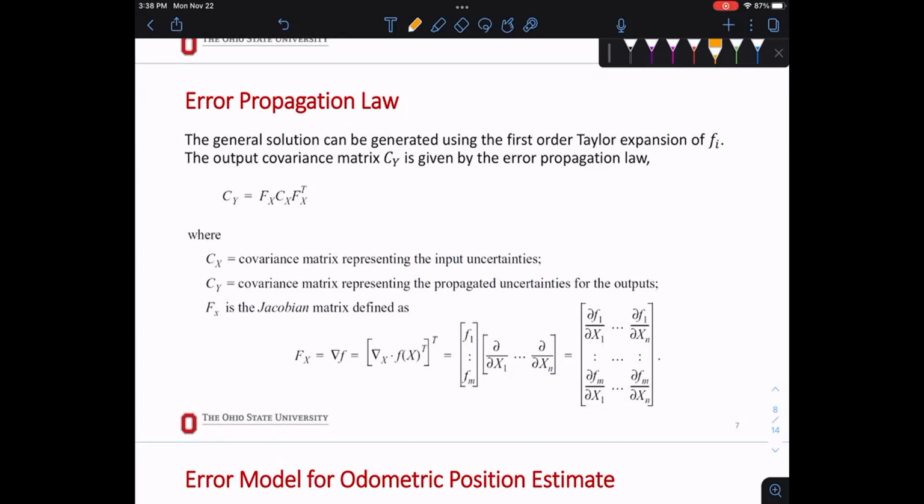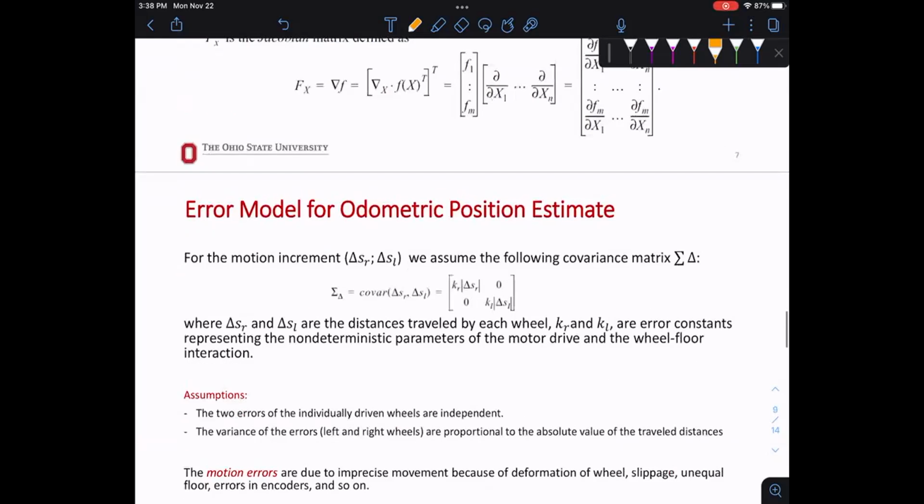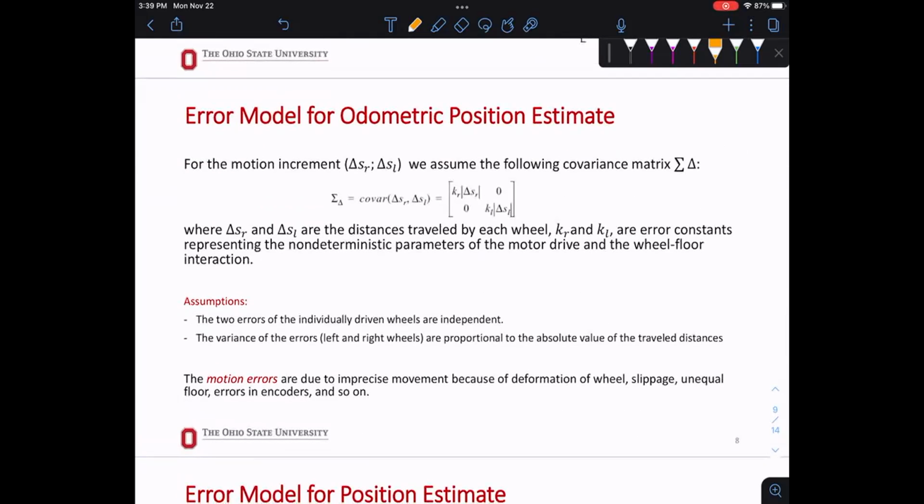So considering those. Now, for delta S with respect to delta SR and delta SL, the wheel, we can define this covariance matrix, covariance of delta SR and delta SL. So here, Kr and Kl are your error constants.